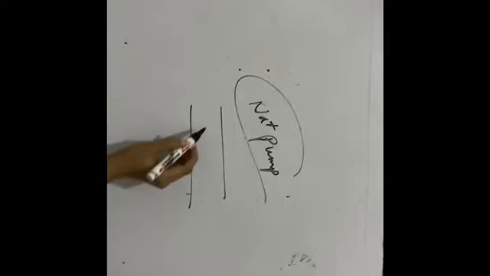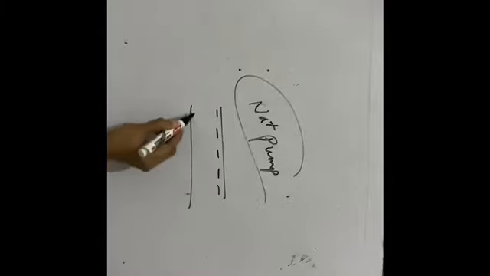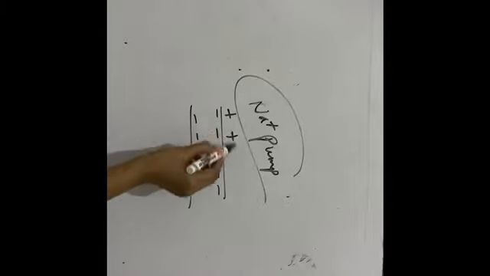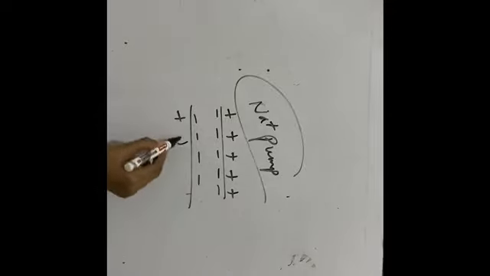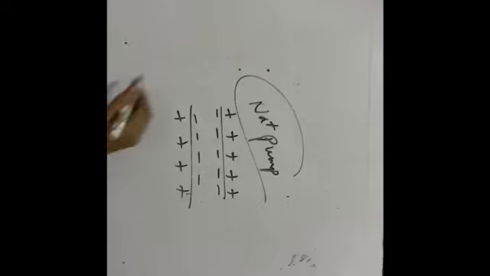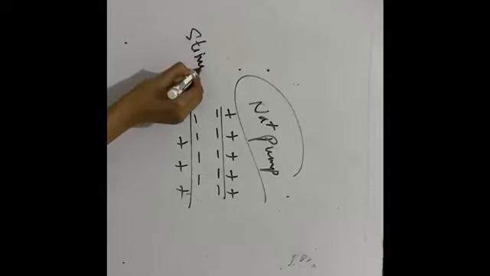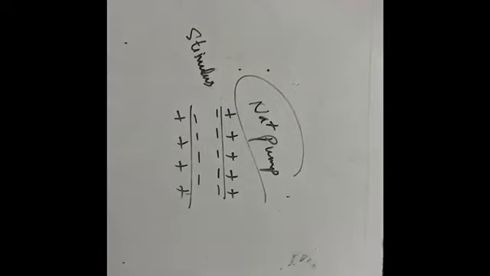So basically, when the neuron is at rest stage, it looks something like this from inside. All the negative charge is present inside and the positive charge is present outside when the neuron is at rest. So whenever the neuron or the nerve cell gets a stimulus, it gets activated. It becomes more permeable to the positive ions.